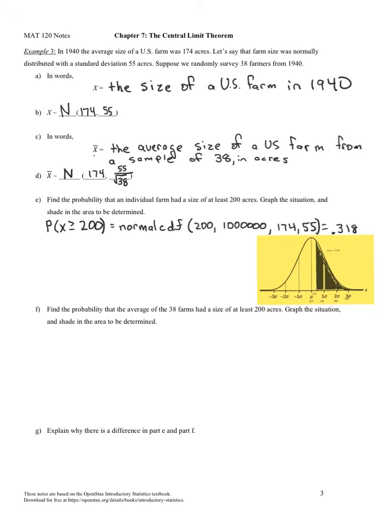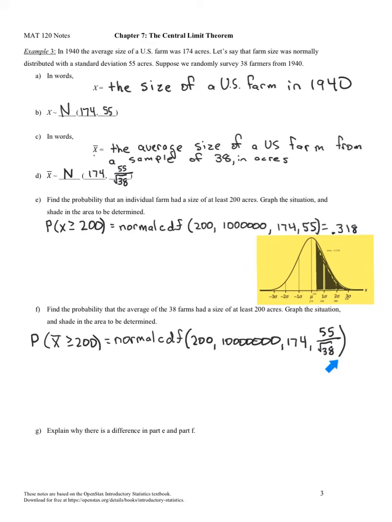And that does look to be about 31% of the area that's shaded under the normal curve. In letter F, we're asked to find the probability that the average of the 38 farms had a size of at least 200 acres. So in this case, we want to know the probability that our sample means will be greater than or equal to 200. Using our calculator, we would type in this here, with the only difference being that for our standard deviation, we would write this instead.